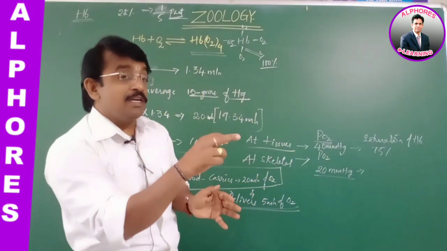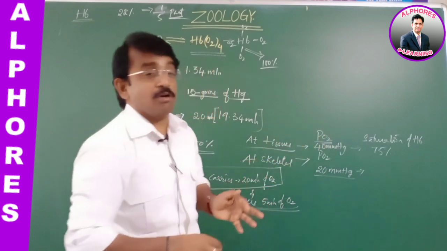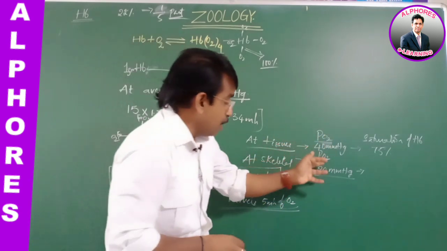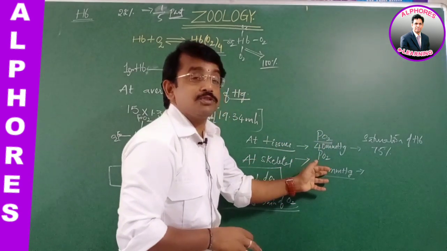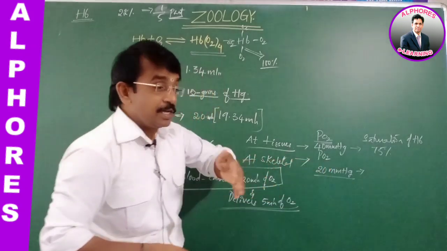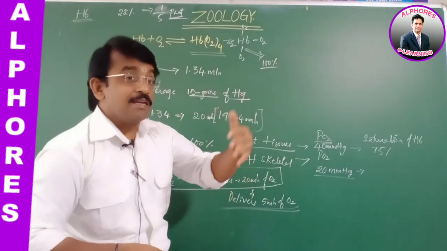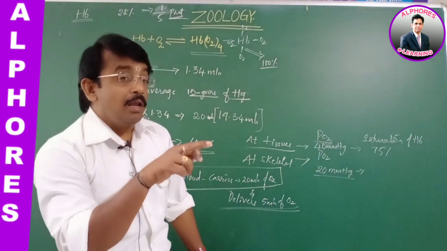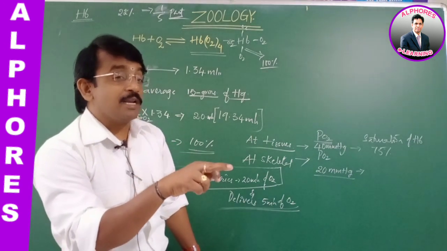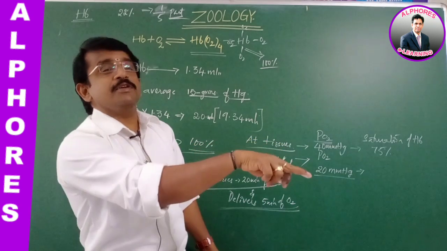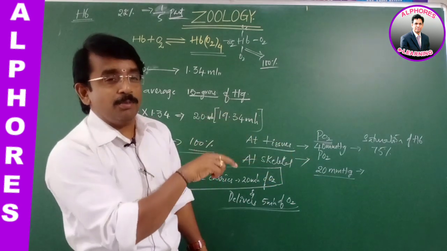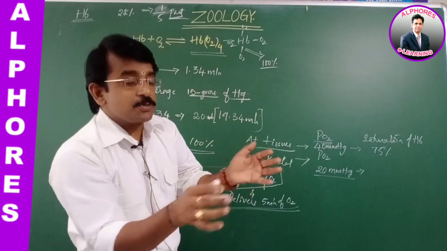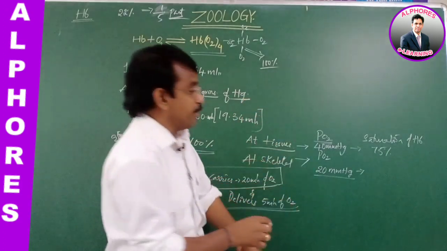Why? Normal tissues have 40 mmHg of partial pressure of oxygen, whereas at skeletal muscles it is 20 mmHg, which means there is more unloading capacity. The lesser the partial pressure of oxygen, the lesser is the binding of oxygen with the hemoglobin, and the more is the dissociation of oxygen from the hemoglobin.